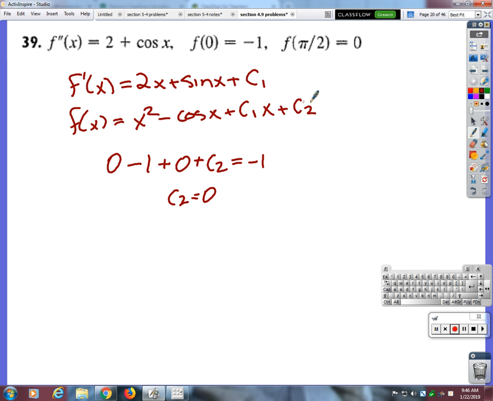So that's just gone. So now I need to plug in pi over 2. So pi over 2 squared minus cosine of pi over 2 plus pi over 2 times c1 equals 0. Did I do that right?